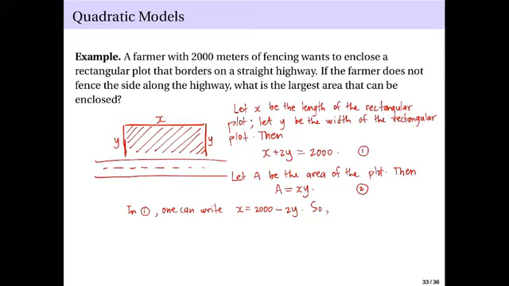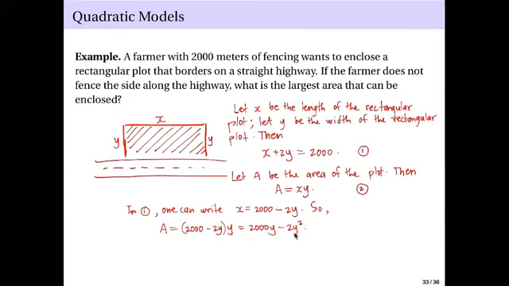So A will become 2,000 minus 2y times y, or we can write it as 2,000y minus 2y squared. So this is a quadratic function in the variable y.